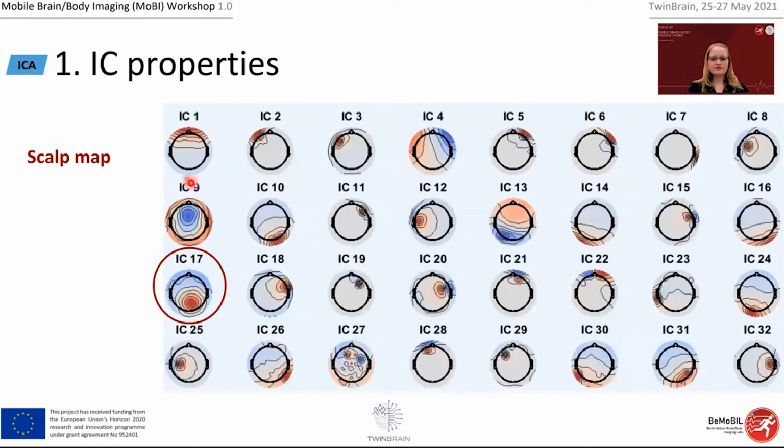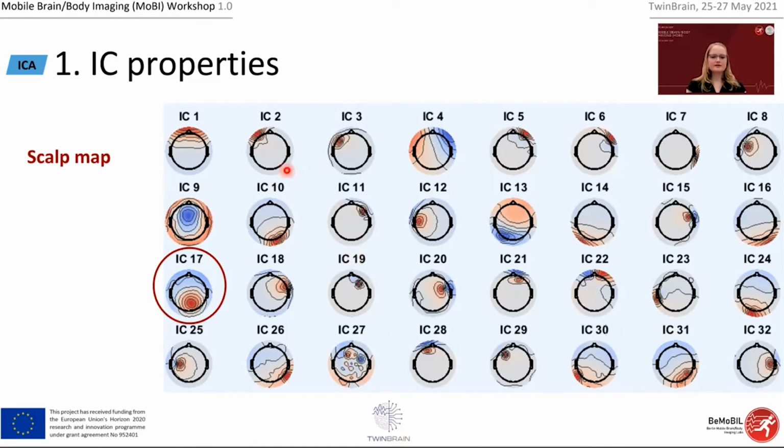And so other examples are like this. This is one of the participants' data that we shared. And so you can see different scalp maps. They have some small, some mixtures, some pretty clear lines. So they do have some really different ways to look.